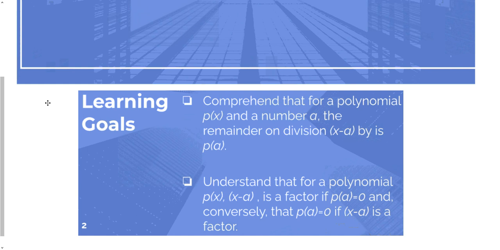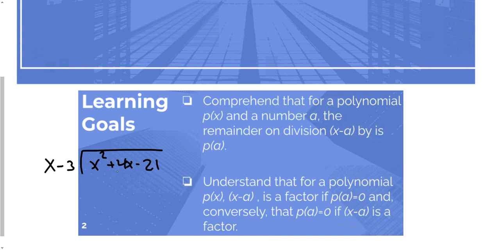Like if I have, say, x minus 3, and I want to divide that into x squared plus 4x minus 21. Let's say, and this will be a quick division, right? We do know that this expression actually factors into x minus 3 times x plus 7. So I already know that that's a factor of this expression.